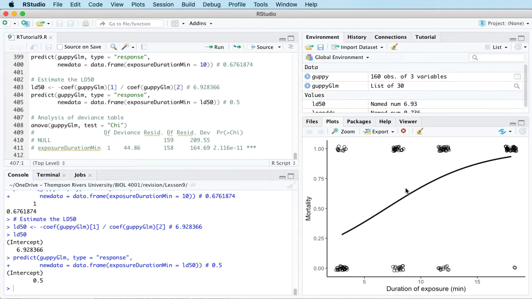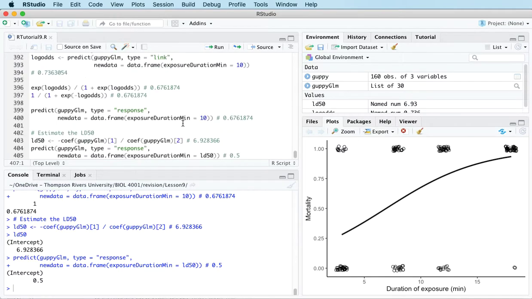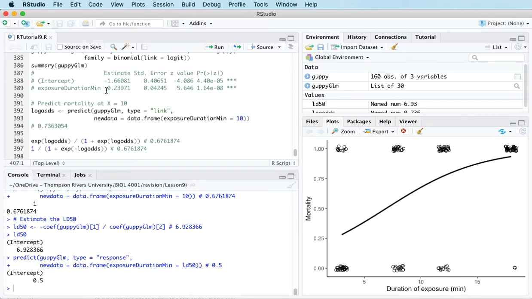Okay, the last thing I want to talk about here is to think about the significance of the regression parameter that multiplies the predictor variable. This is the number in the model that tells us whether we've actually discovered a relationship between mortality and duration of exposure in this instance.